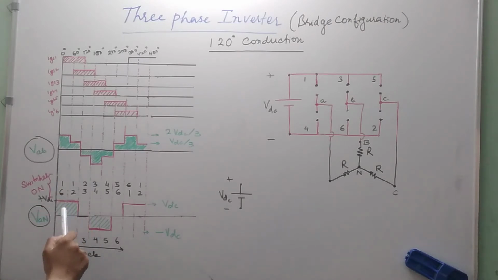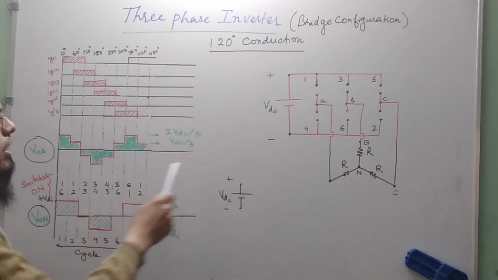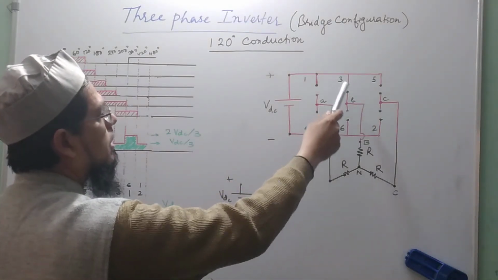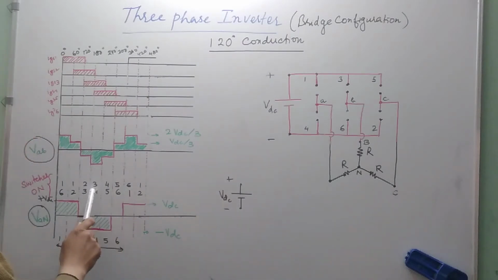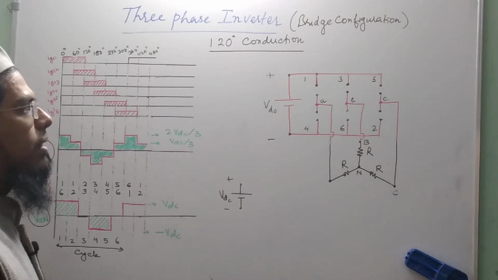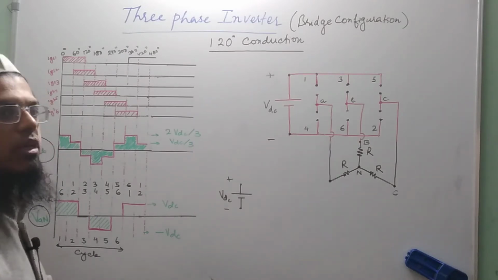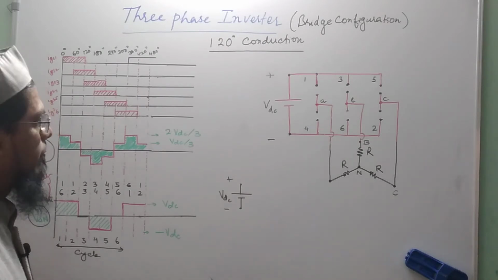Similarly, you could see the other 2 switches in the leg, that is 3 and 6. 3 is conducting here, and it turns off, and one complete step passes before 6 is turned on. So that means there is an inherent protection against shoot through in 120 degree mode of conduction.